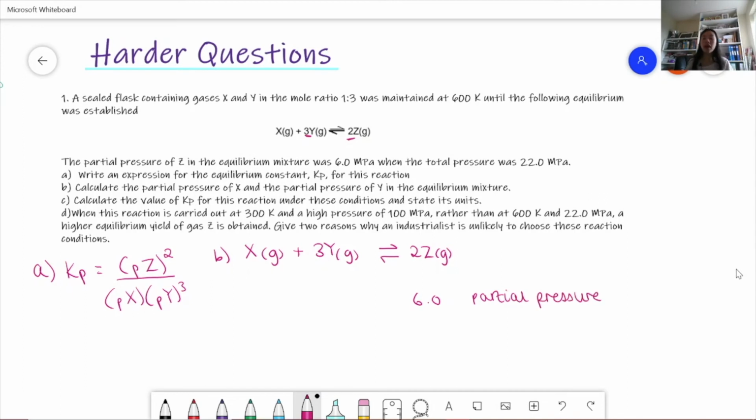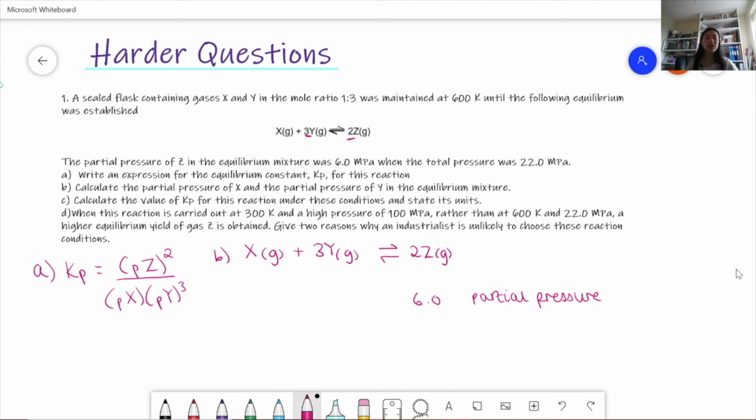And we know that initially the mole ratio was 1 to 3 between X and Y. So from that, we know that in the mixture at the beginning, a quarter of it was X and 3/4 of it was Y. And from that, we can work out their partial pressures.